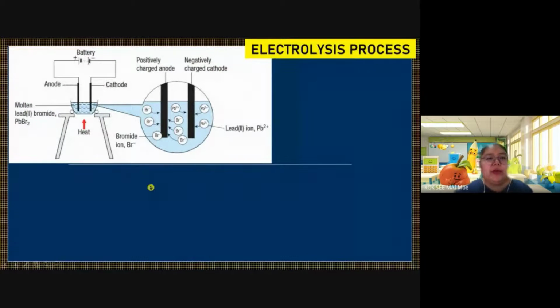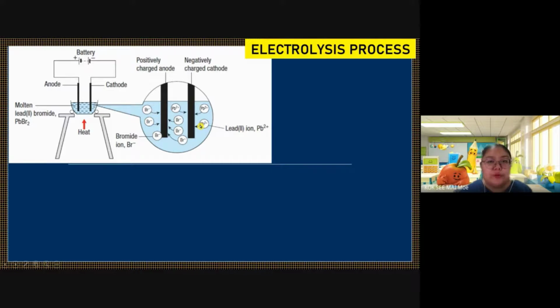Now, in the molten state you can see lead(II) bromide, what happened? Br, bromide, is negative. That's a negative ion. A negative ion must go to find the anode. Pb is lead(II), which is positive.